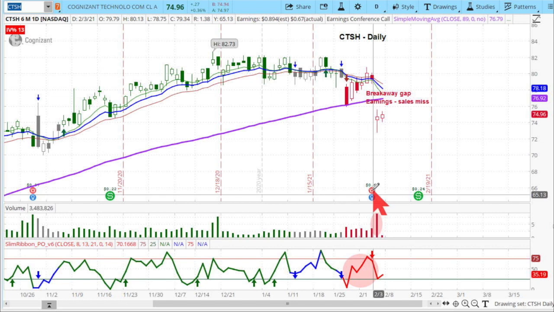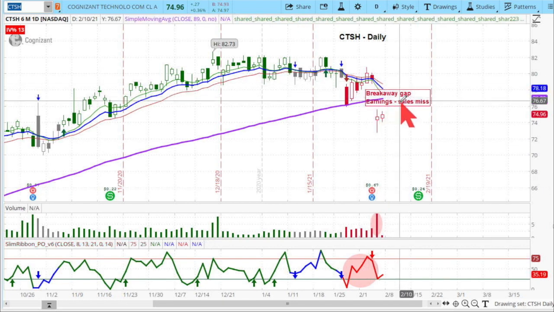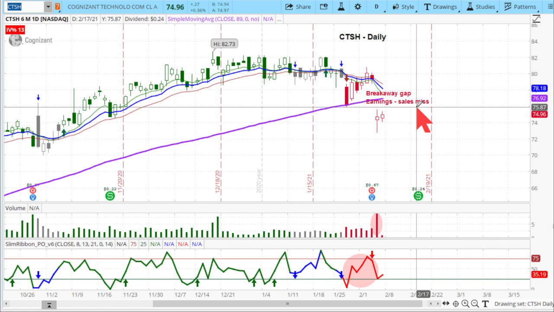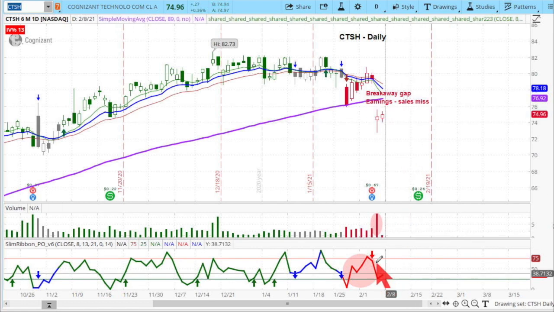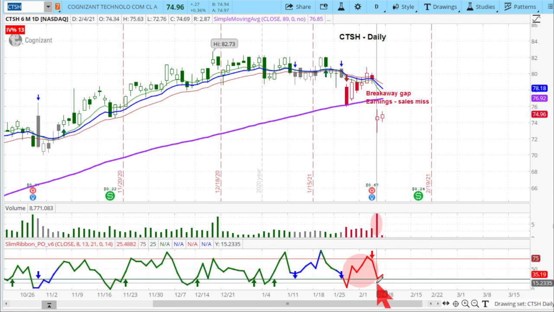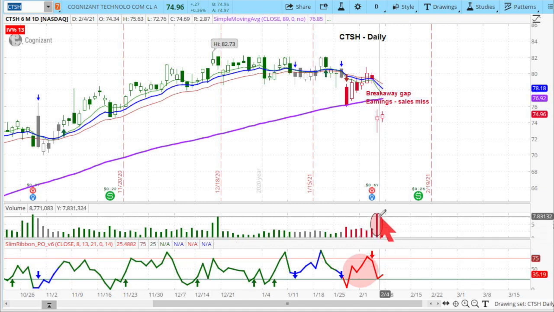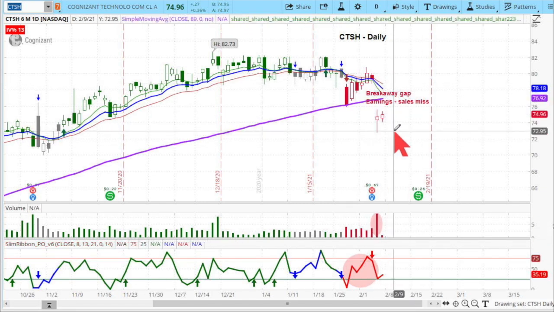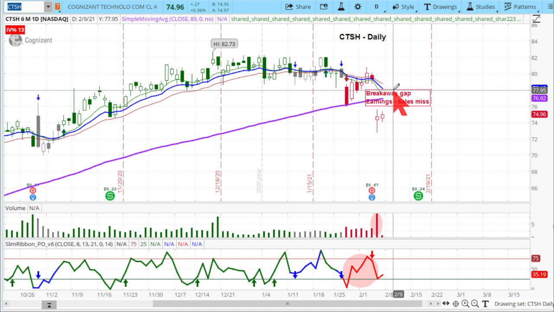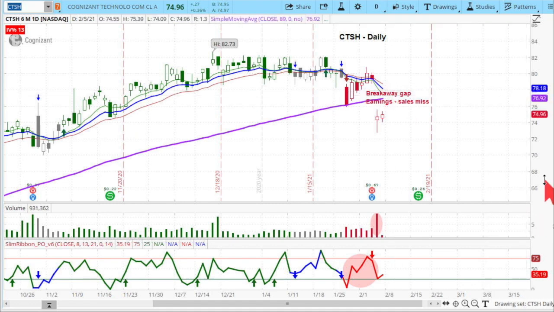Here you had the earnings report right over here in Cognizant, and look what it did. A breakaway gap to the downside on an earnings miss. Here's where the momentum turns negative, and here you could see the huge volume. There are sellers in here waiting. So when I look at this, what we have in here is a saucer top.